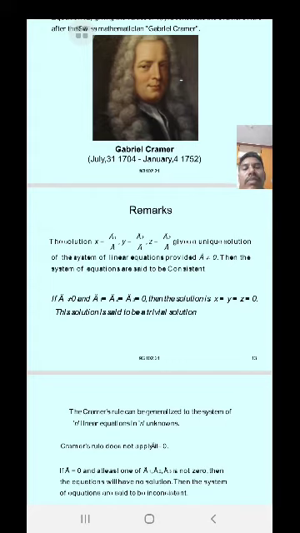Then the system of equations is said to be consistent. If delta not equal to 0 and delta 1 equals delta 2 equals delta 3 equals 0, then the solution is x equals y equals z equals 0. This solution is said to be the trivial solution.